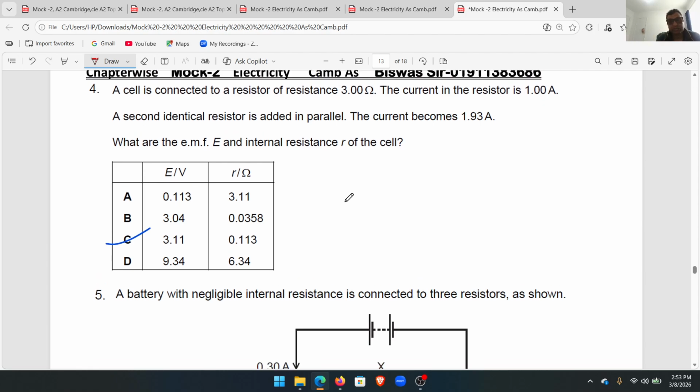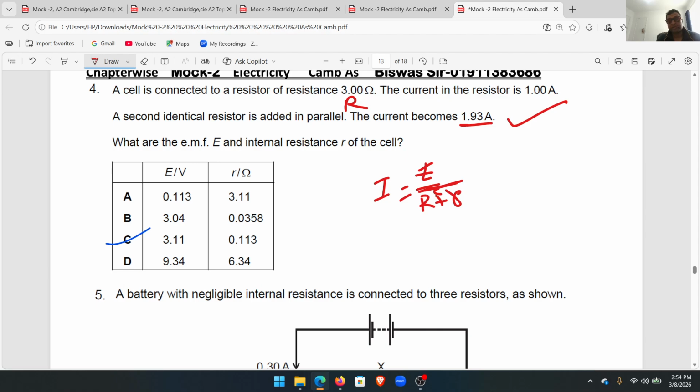A cell is connected to a resistor. This is the current, and when a second resistor is connected in parallel, the current becomes this. The EMF and the resistance of the cell are required. Look, this is actually capital R. Now, I is equal to EMF by R plus r, right?